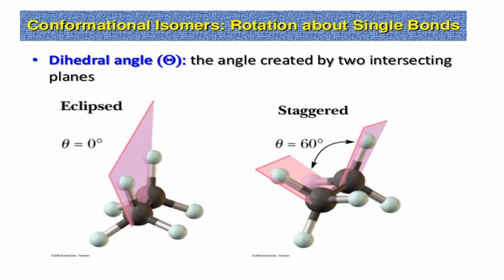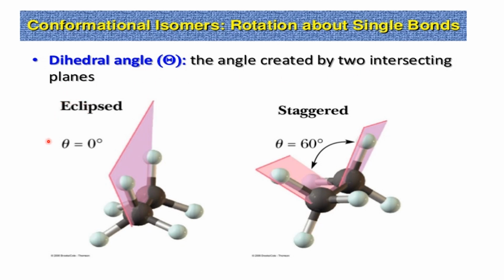When we consider conformation, we have to think about a term called dihedral angle theta. This angle is created by two intersecting planes.